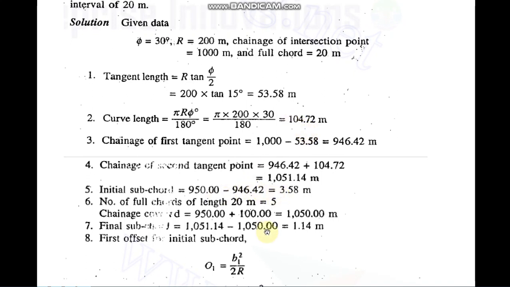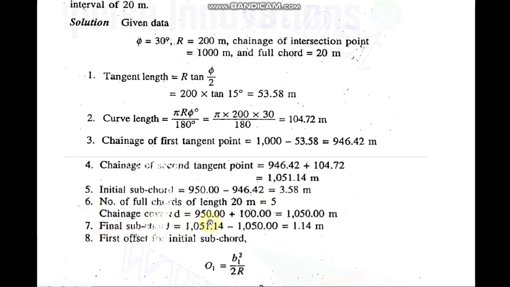So again, as I said earlier, for the number of full chords we have to round down the answer. So we'll take 5 as the number of full chords. So the number of chords we have got up till now: first is the initial chord, the number of full chords is 5, and this one is the final subchord. So total chords are 7.